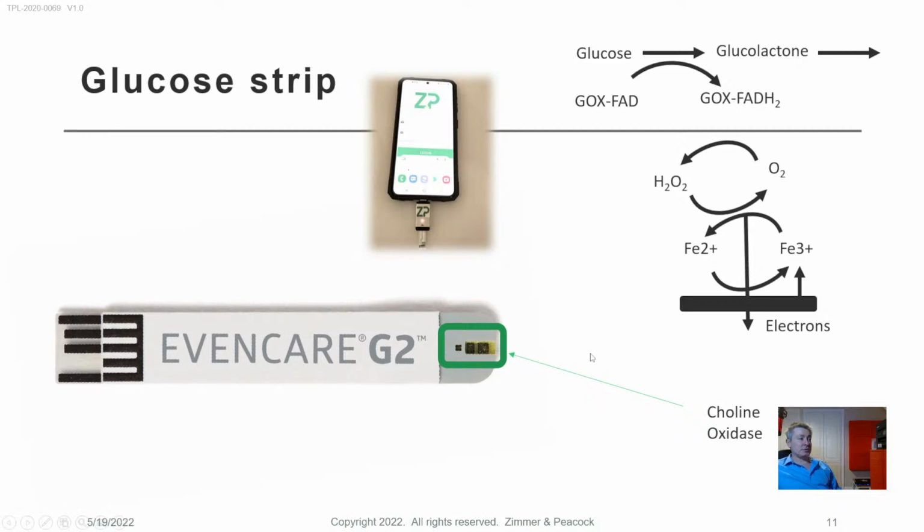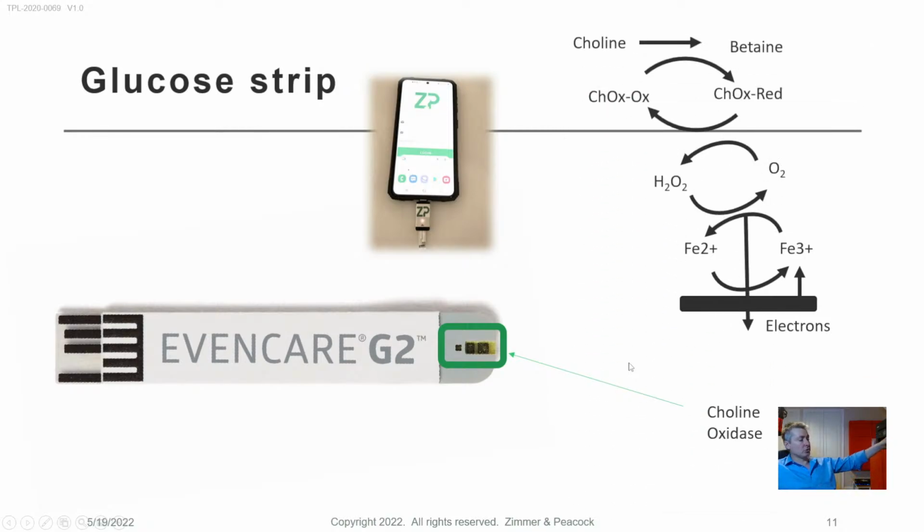I think you're in a better position where you unfortunately just have to build your own choline strip, in the ways that I've described this morning, where you replace the glucose oxidase with choline oxidase, and I think it should work. So you are very welcome to try modifying a glucose strip and using even the glucose meter that comes with that strip.